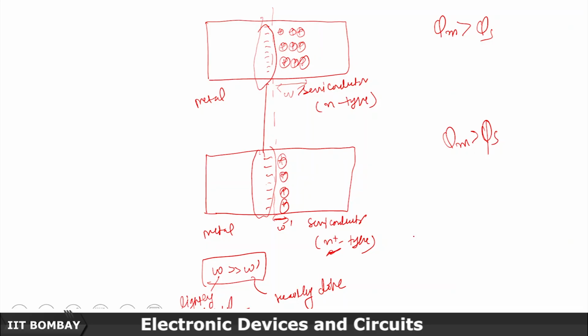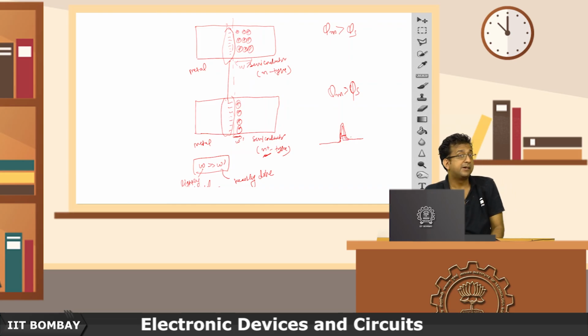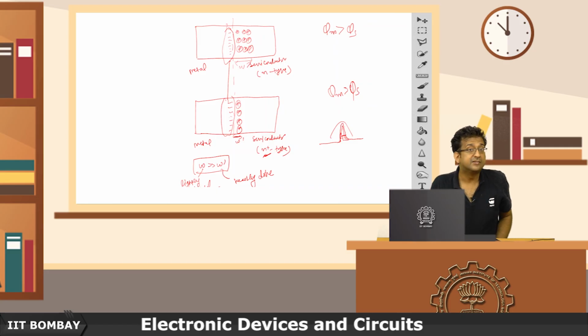So under these circumstances, what will happen? The barrier that is there, this barrier will become thinner, okay? And that may help somehow to diffuse the electron from here to here. So that's the important thing. But still the question is that the barrier remains, right?